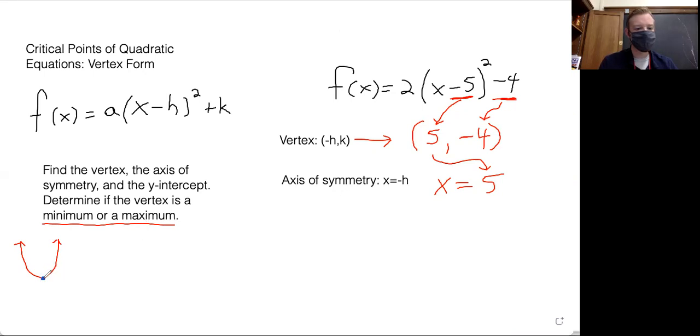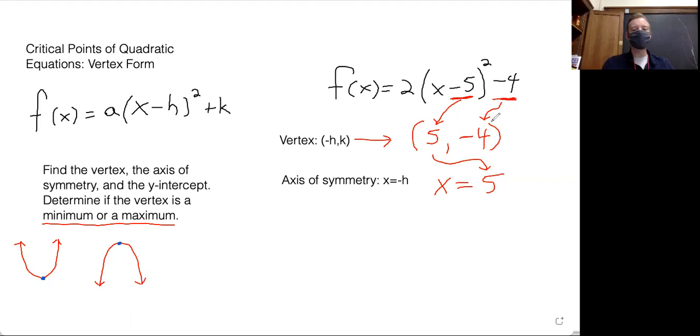So if the graph opens up, the vertex is at the bottom, and we say that that's a minimum. If the graph opens down, then the vertex will be at the top, and we call that a maximum. So we need to determine whether our graph opens up or opens down in order to determine whether we have a minimum or a maximum here.